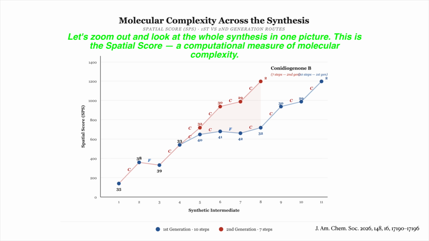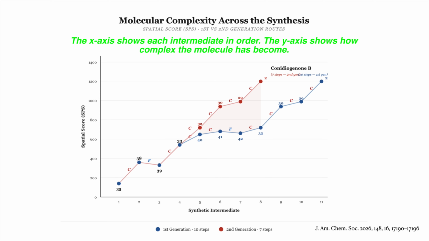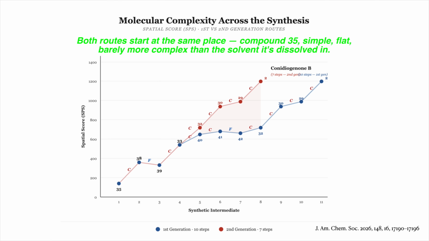Let's zoom out and look at the whole synthesis in one picture. This is the spatial score, a computational measure of molecular complexity. The x-axis shows each intermediate in order. The y-axis shows how complex the molecule has become. Both roads start at the same place, compound 35.